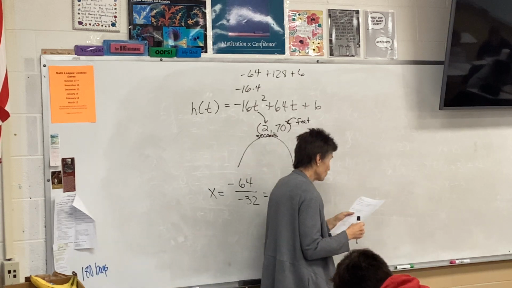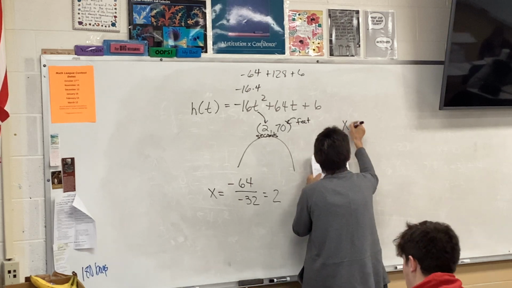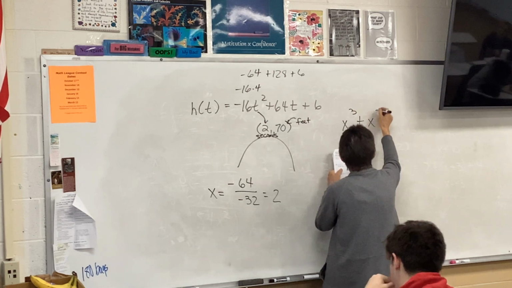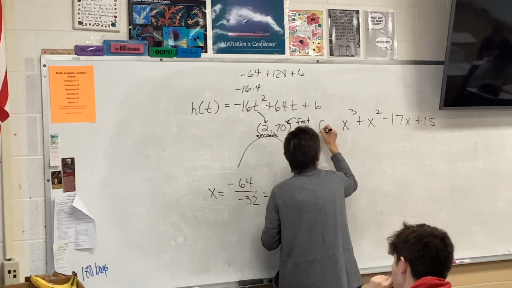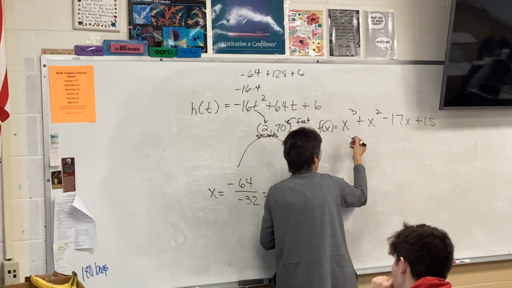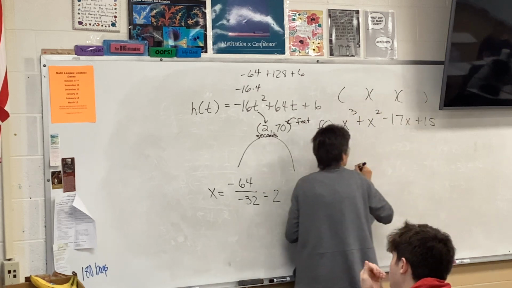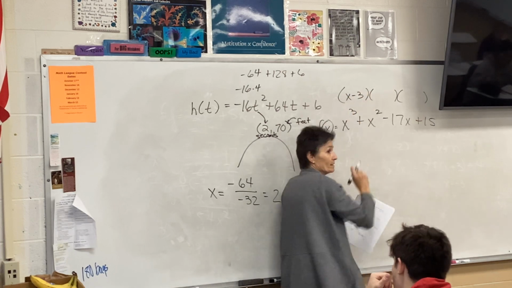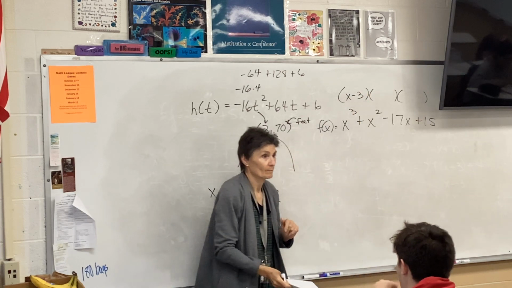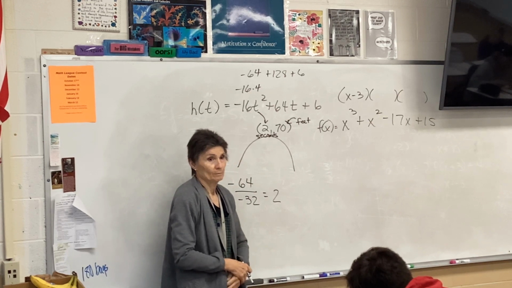All right, number 2. If x minus 3 is a factor, they're telling me this problem's gonna have 3 factors, and they're telling me that one of them is x minus 3. They're just telling me that. What am I going to do to find the other 2?